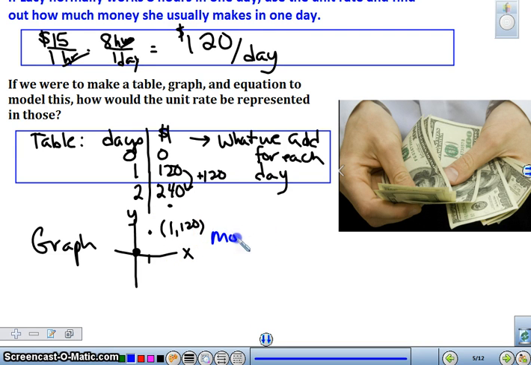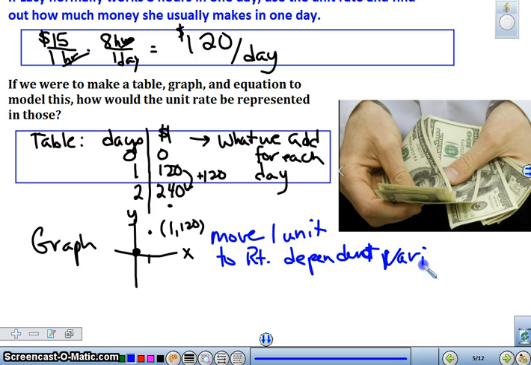As you move 1 unit to the right, the dependent variable goes up by, in this case, $120.